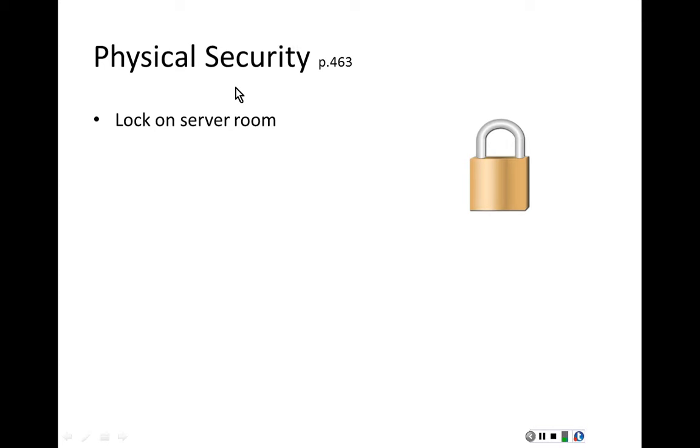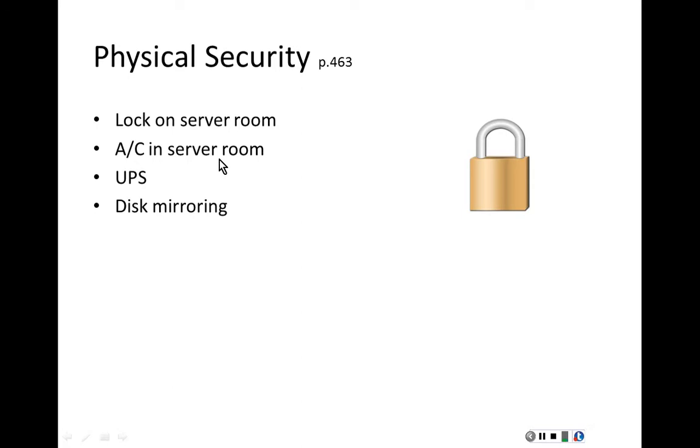He just walked in and carried away a $20,000 server, and that's because there was no lock on the server room. Well, here at the Community College of Baltimore County, not only do we have a lock on the server room, but we have key card access. But physical security is an easy one to overlook.